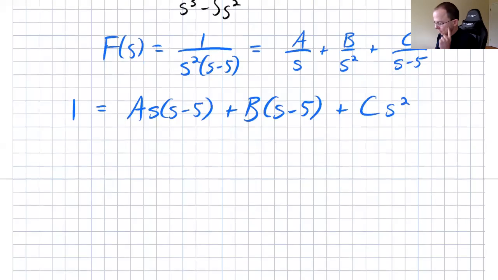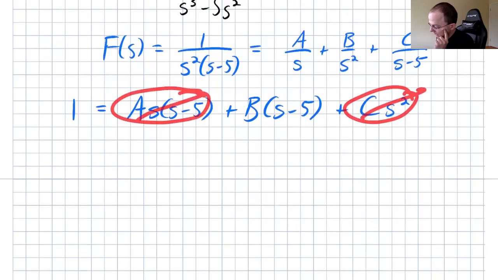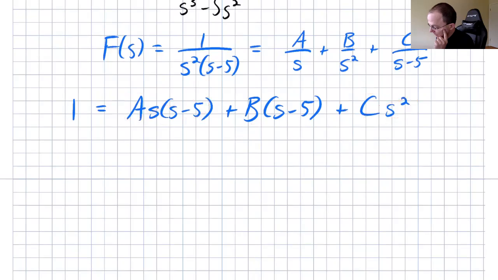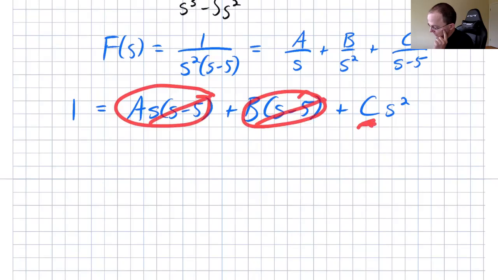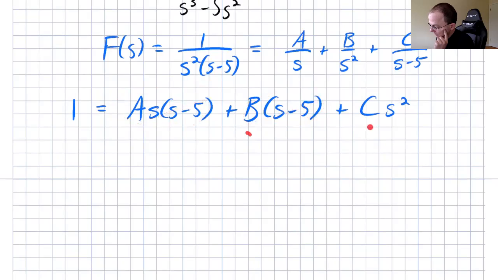Okay, so I did some problems like this in office hours, and the technique that we use there is to first of all substitute s equals 0. So this will get rid of these terms, and we'll be able to solve for b. And then we can substitute in s equals 5, and that will make these terms 0, and we can solve for c. And then after we have b and c, we'll look at the s squared terms, and this will allow us to figure out what a is.